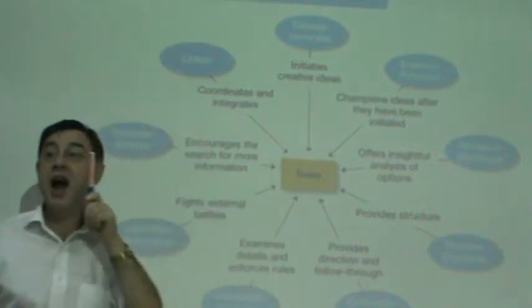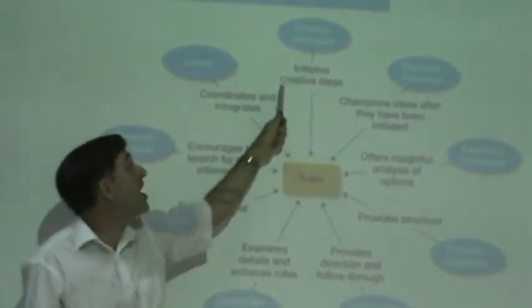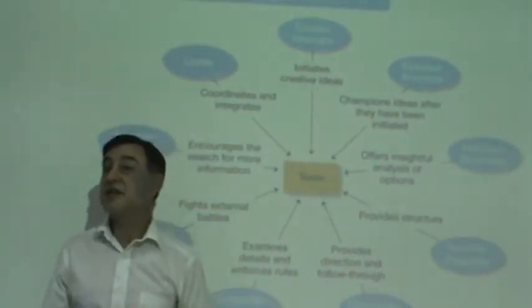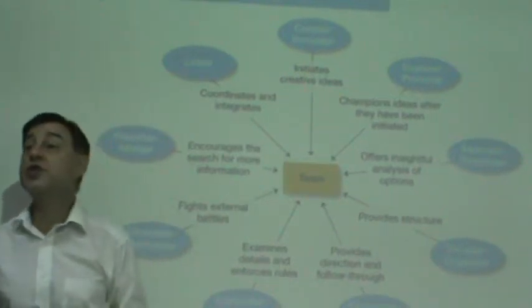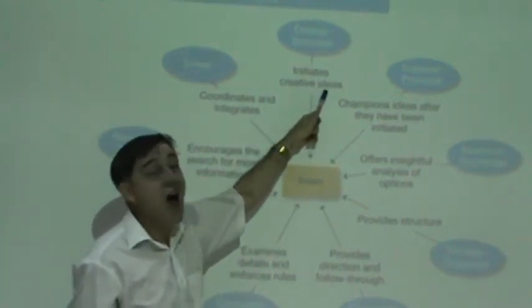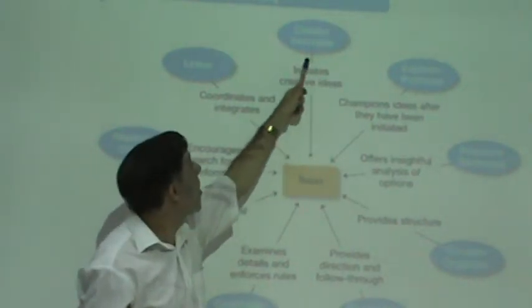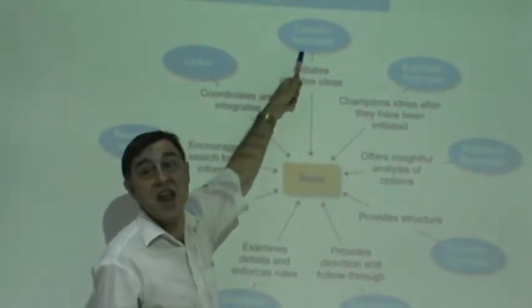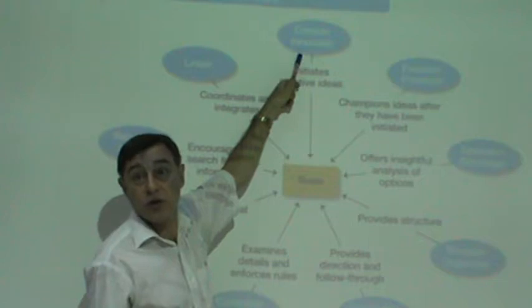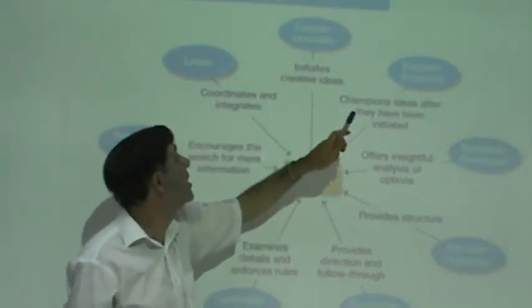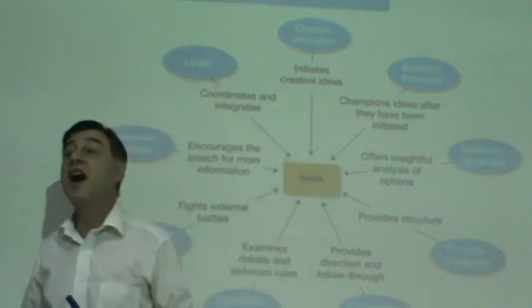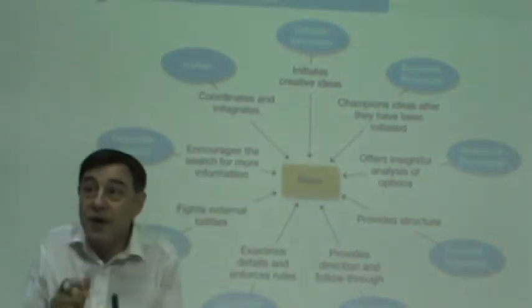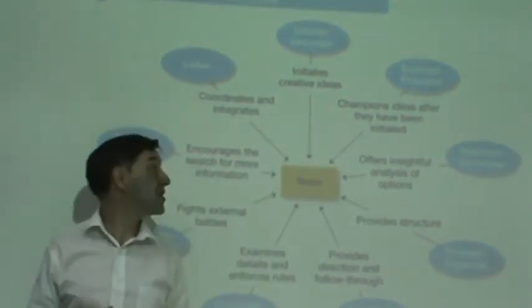You need someone who's going to be creative, someone who's going to be innovative, someone who's going to generate ideas. We call this role the creator-innovator. It's the person who initiates creative ideas. So that will be the creative person.